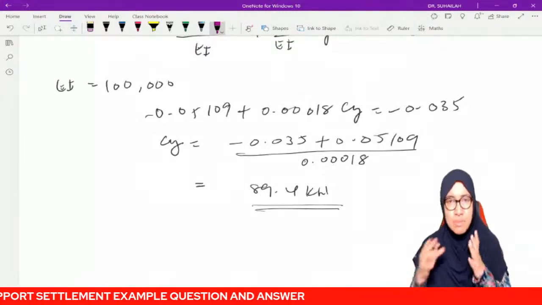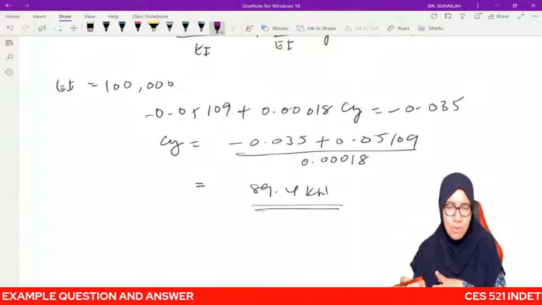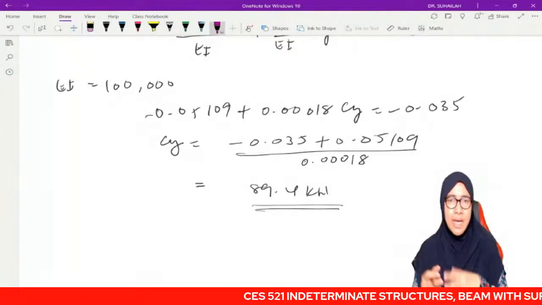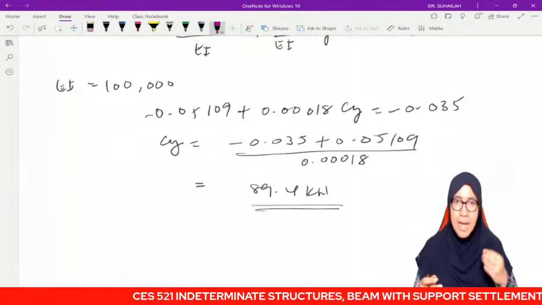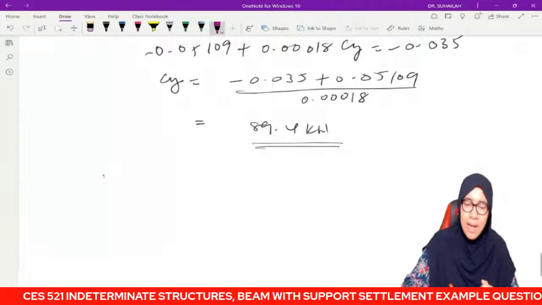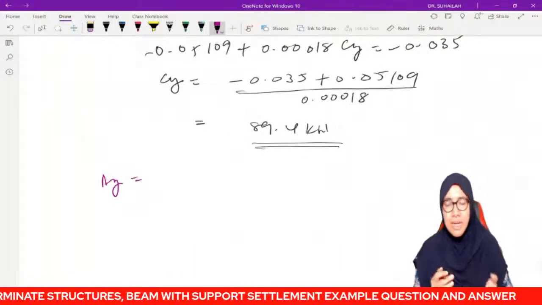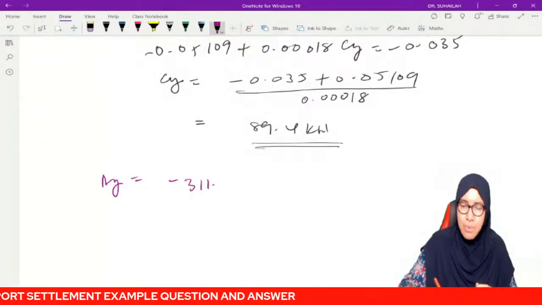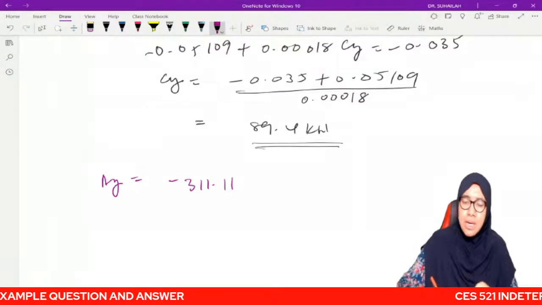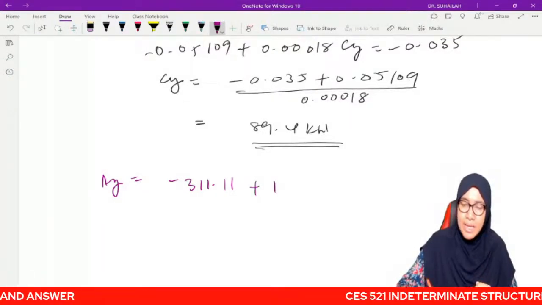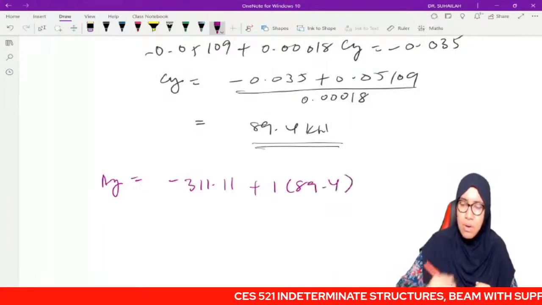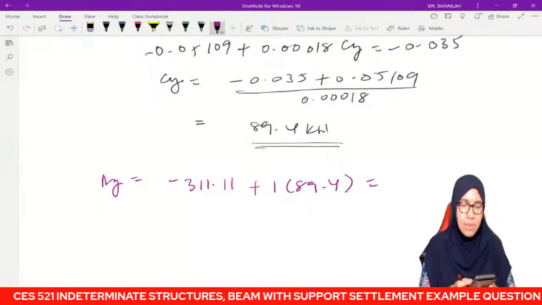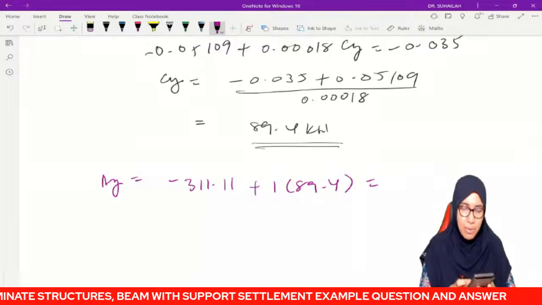So what we get is the new value of the redundant by only replacing the displacement in the actual system from 0 to the settlement value, and then solving the compatibility equation again. To continue to calculate AY, it is negative 311.11 plus 1 times 89.4, which equals negative 311.11 plus 89.4.